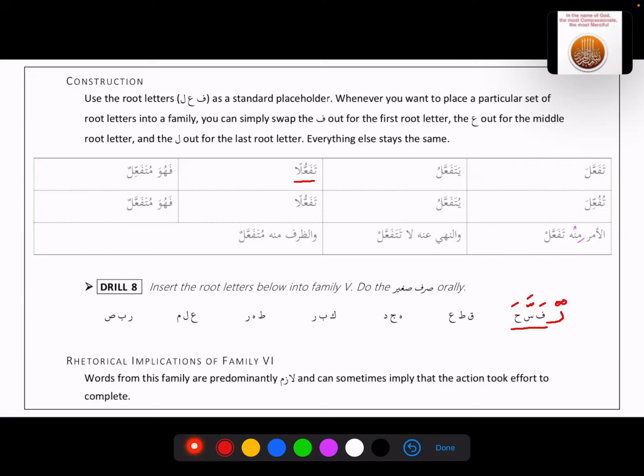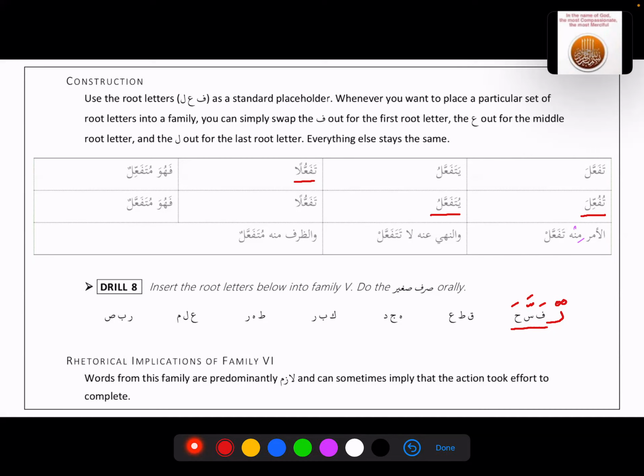Tufassiha, yutafassahu, tafassuhan, fahuwa mutafassahun. Al-amru minhu tafassah, wa al-nahi anhu la tatafassah, wa al-zarfu minhu mutafassah. Yatafassahu, the passive madi would be tufassiha. Yes, and yutafassahu. Very good.